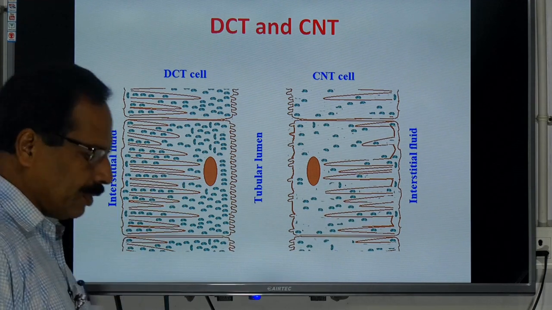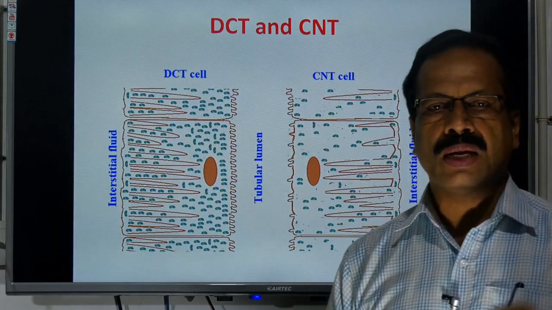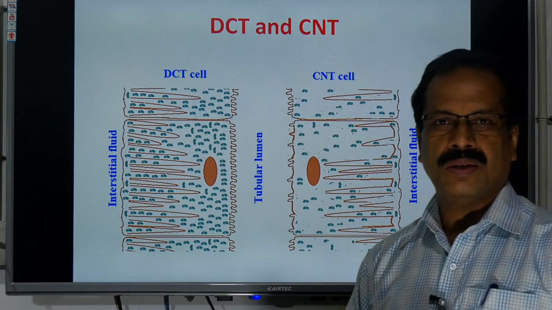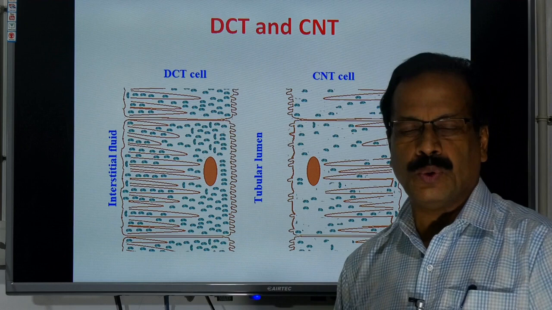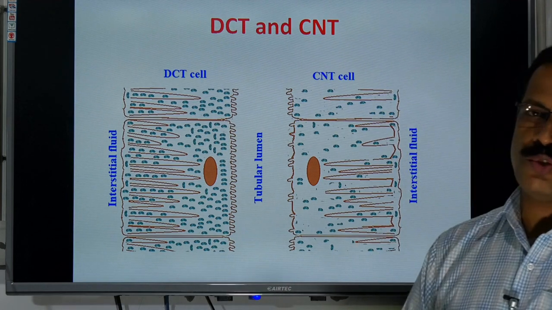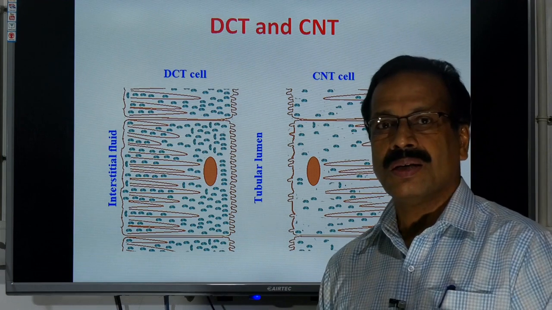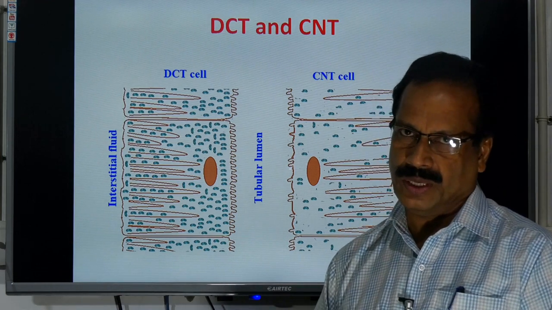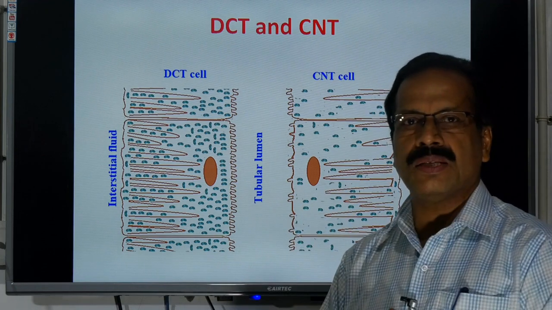And the distal convoluted tubule is an area where most of the regulated reabsorption happens. You know that in the other parts of the nephron, like the proximal convoluted tubule and the loop of Henle, many reabsorptions are not controlled by the requirements of the body. Requirements means as and when the requirements are increasing or decreasing.